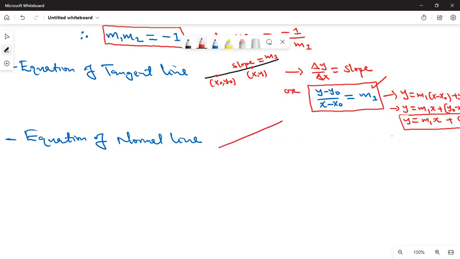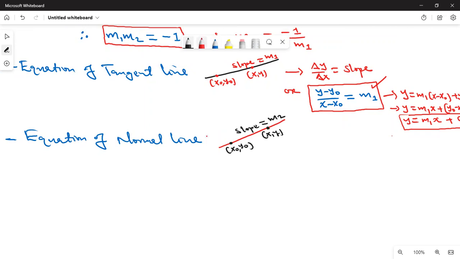We have this line as a normal line. We know a normal line also passes through point x naught, y naught. Think of any other general point, call it xy, and you will know the slope. The slope of this line is equal to m2.